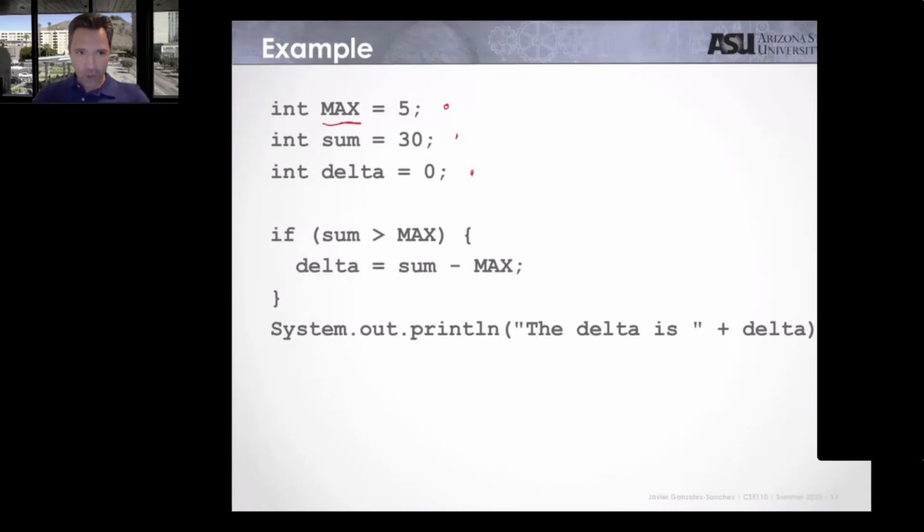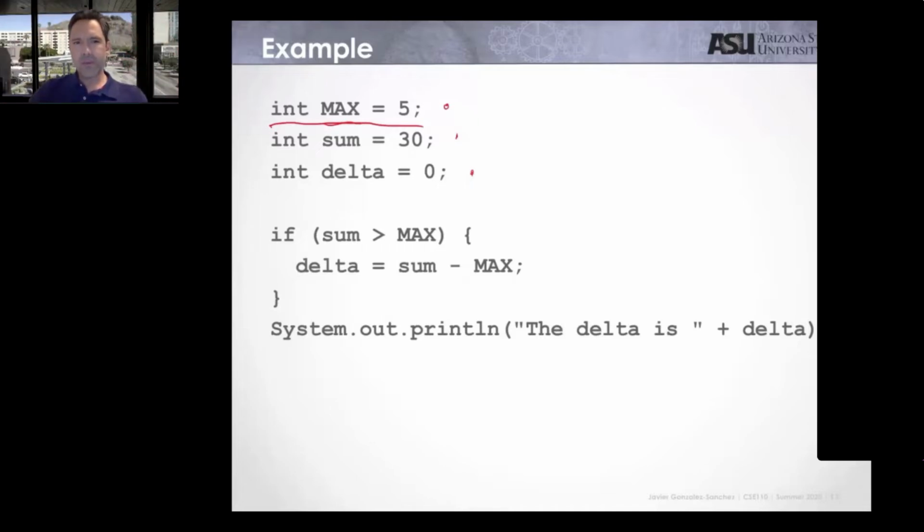So when you read my program, the goal is that you, as a reader, know that I have no intention of changing the initial value of max. I mean, my goal as a developer is I am creating this box, max, and I am storing a 5 inside.